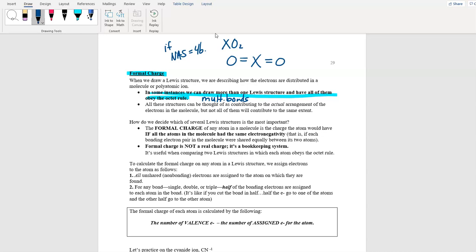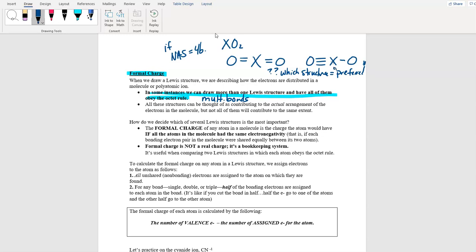I'm looking at 4 bonds. Why can't it be something like this? Why can't it be a triple and a single? This is where formal charge comes in. You have to figure out which structure is something called the preferred structure.